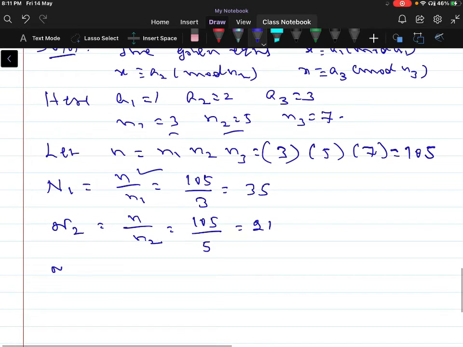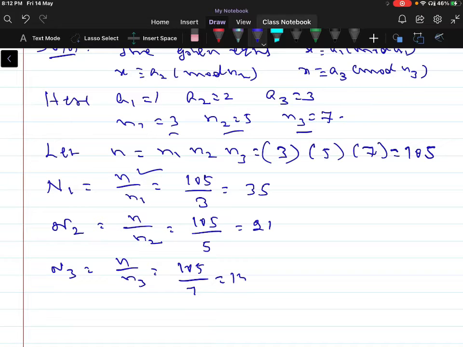N3 is n by n3, that is 105 by 7, so we get 15. So N1 is 35, N2 is 21, and N3 is 15.